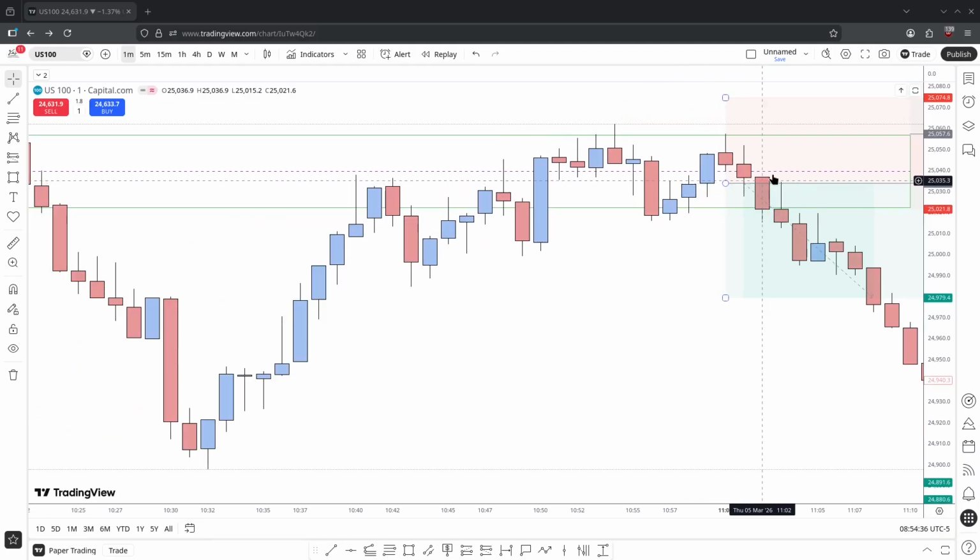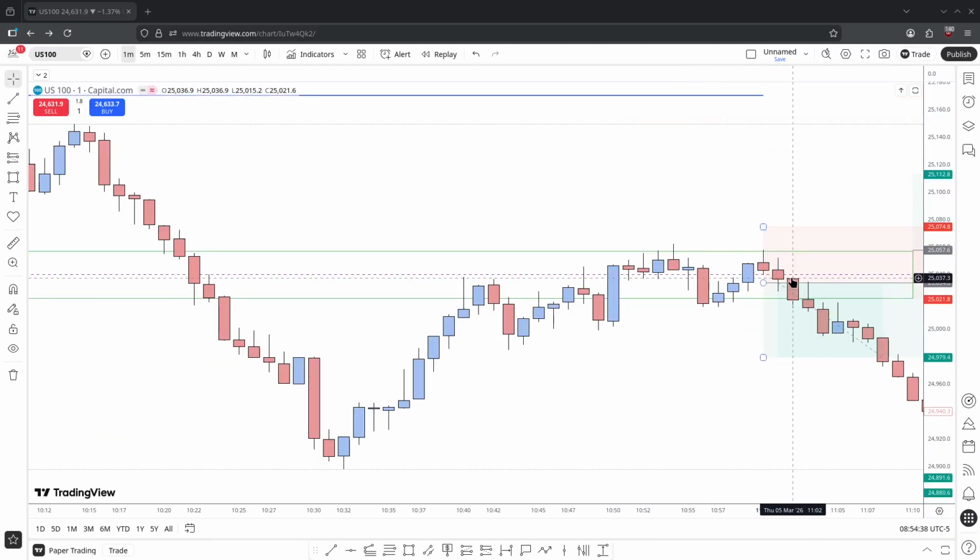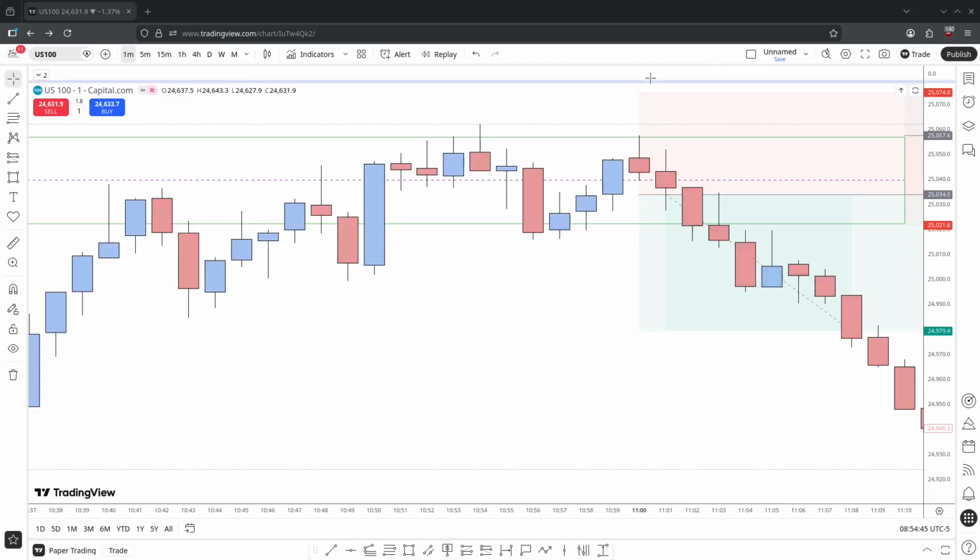That is something you could do. The stop still stays at the 5 minute, at that fair value gap high, at that candle. And then we target the same 10 handles.